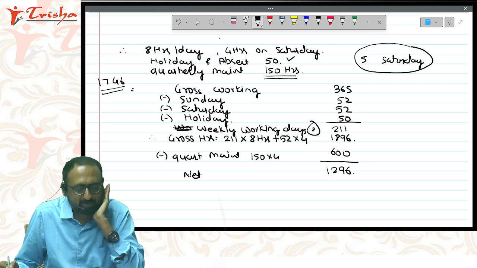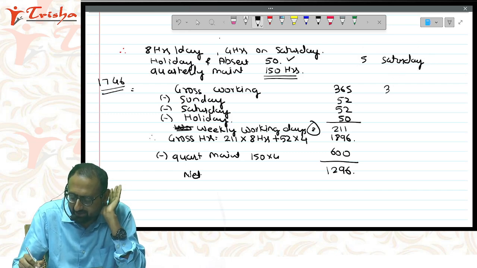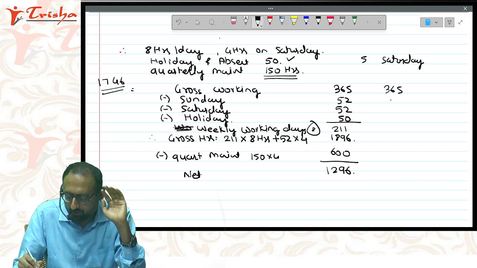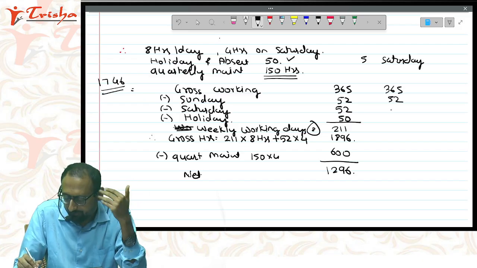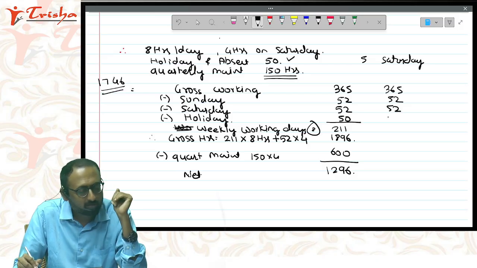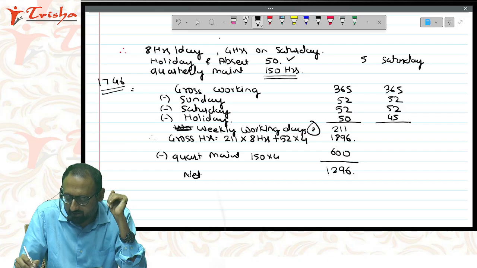Now, how to calculate, Sarji? Think on it. 365 days are there. Minus 52 Sundays, minus 52 Saturdays. Now, only 45 days I will consider as holiday.